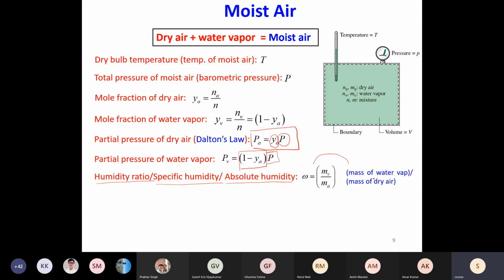It is just the ratio of the amount of water vapor present in your air to the mass of dry air. The units will be either grams per kg or kg per kg. So grams of water vapor in kg of dry air.